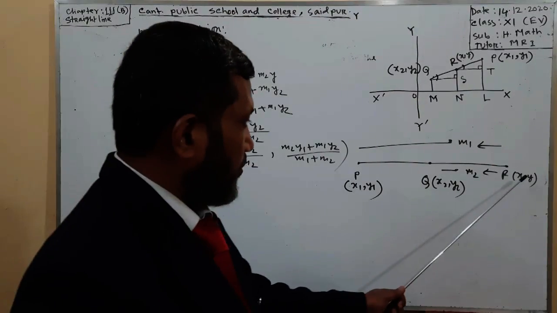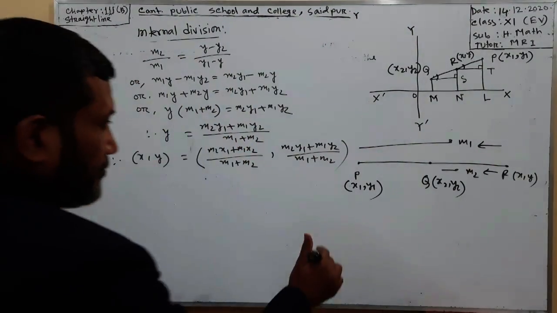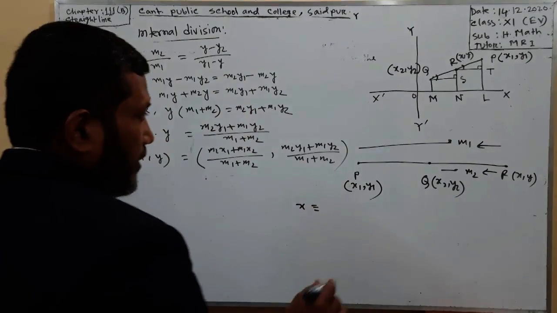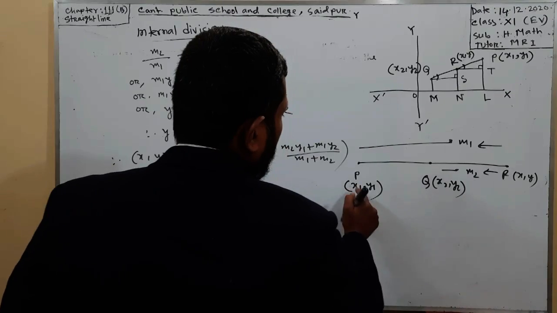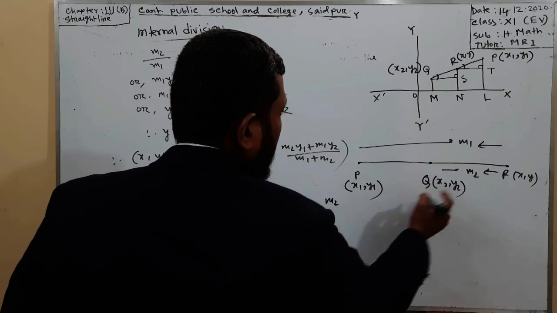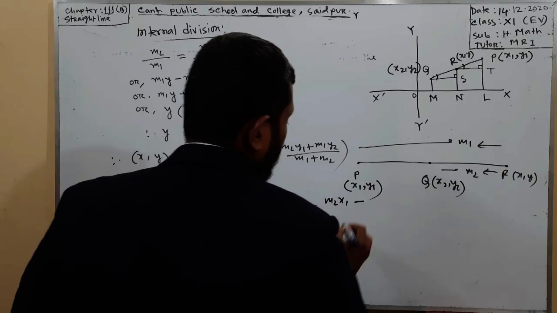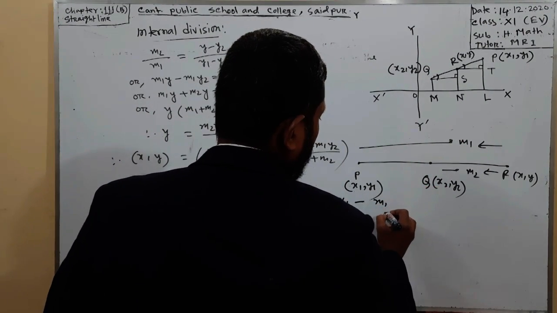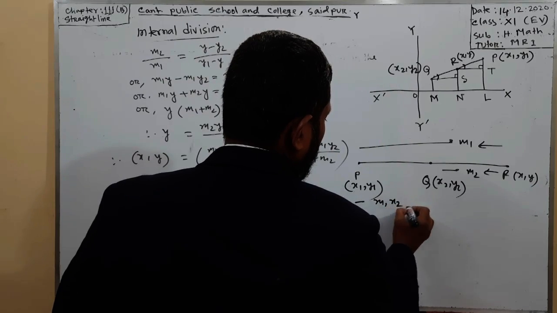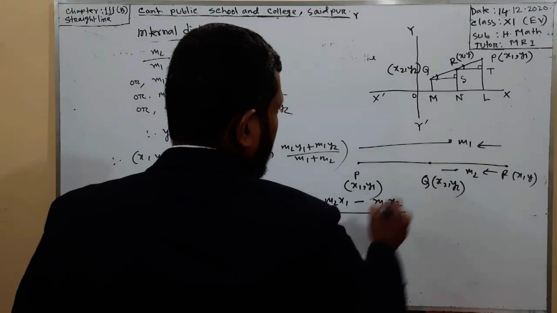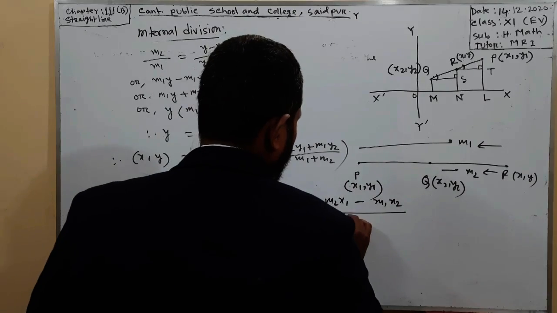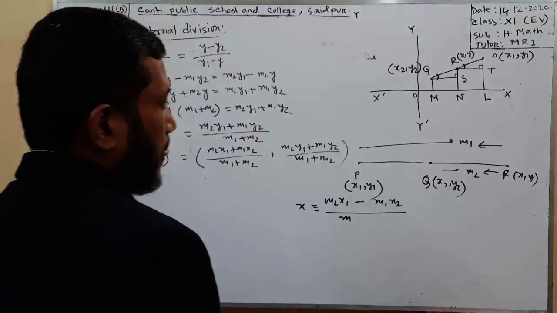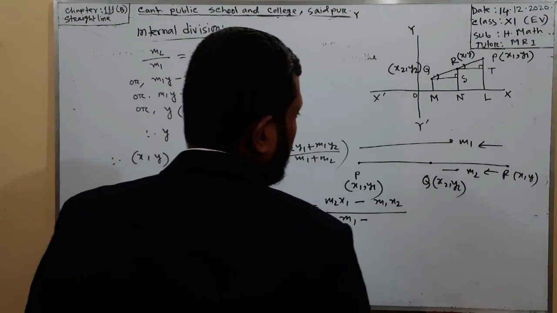The coordinates of x and y will be, firstly, the coordinates of x: (m2 multiplied by x1 minus m1 multiplied by x2) divided by (m1 minus m2).